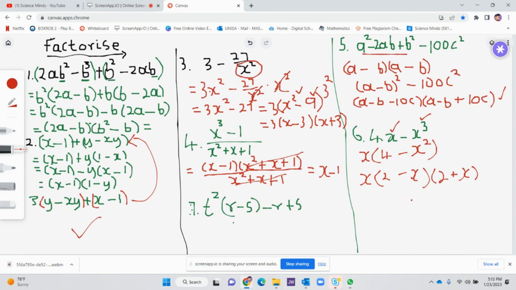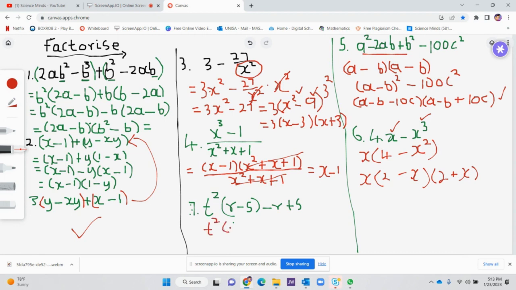Lastly, on this page, okay, this has already been grouped, but now look at this. Our R is positive, R is negative there. Our S is negative, S is positive there. So we're going to try to make this look the same as this one. So that means we are required to take a negative out as a common factor.